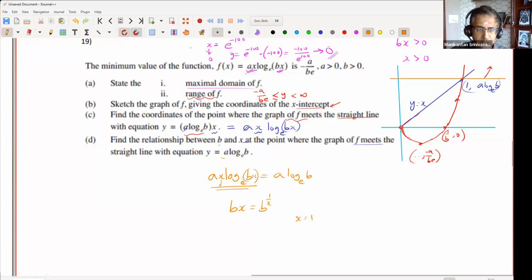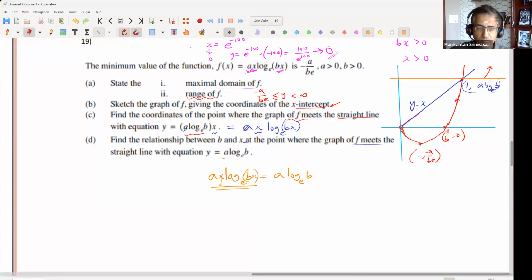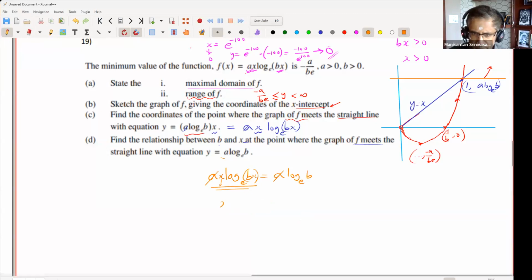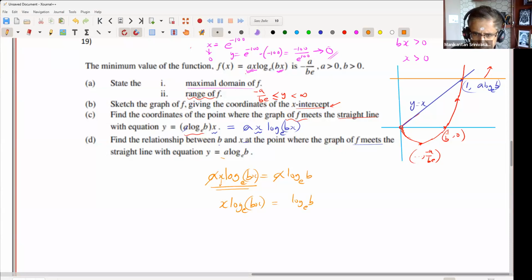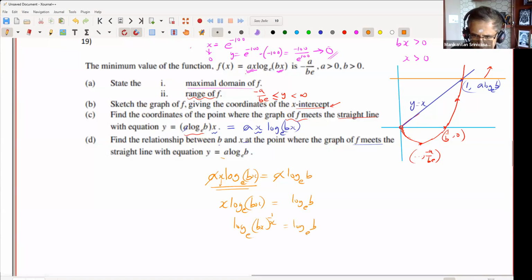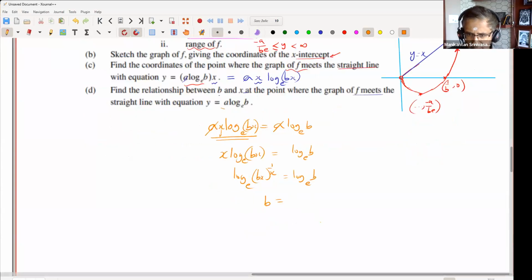So if we equate these two, then a gets cancelled. x times log of bx to the base e equal to log of b to the base e. So we can just write log of bx whole power 1 by x to the base e equal to log of b to the base e, which means we can just say b equal to bx times 1 by x.